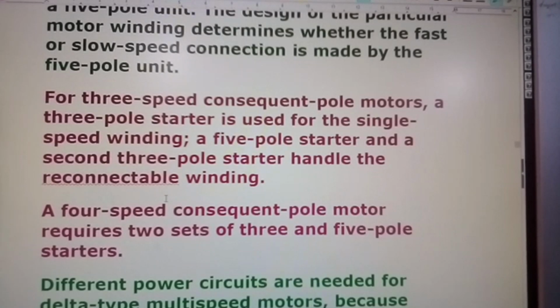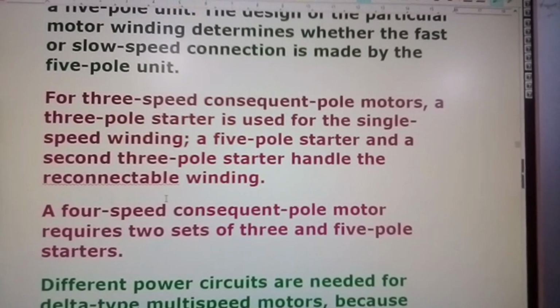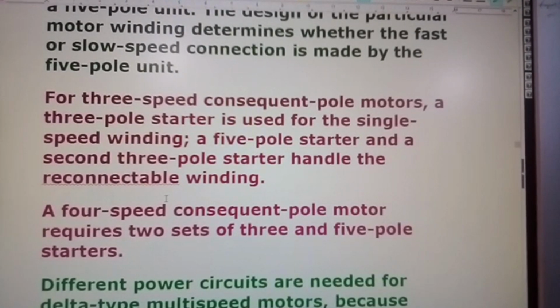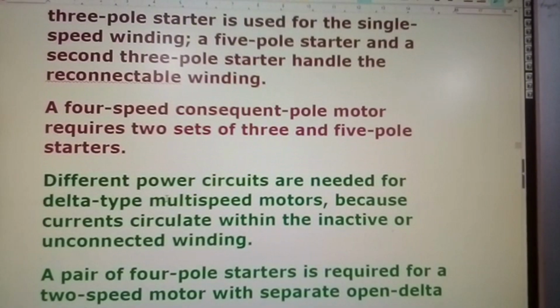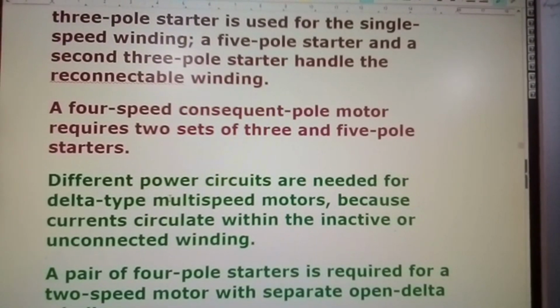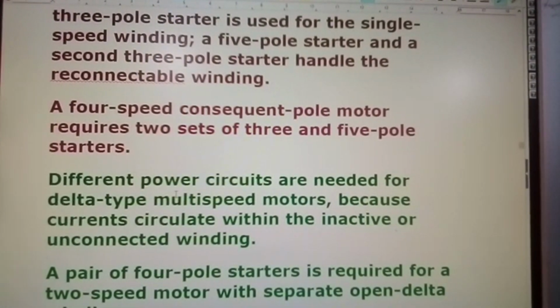A 5-pole starter and a second 3-pole starter handle the reconnectable windings. A 4-speed consequent pole motor requires two sets of 3 and 5-pole starters. Again, do a bit of additional research for yourselves so you can actually see some of these in practice, okay? What they look like photographically.